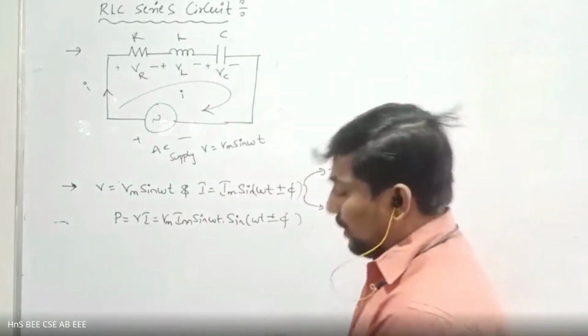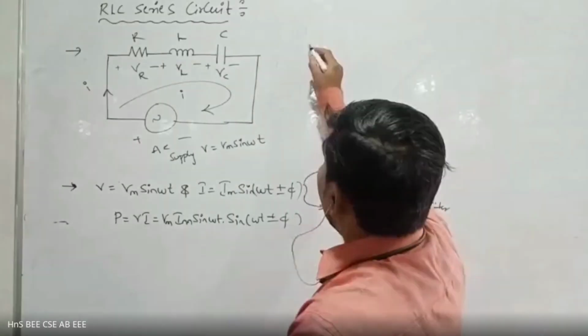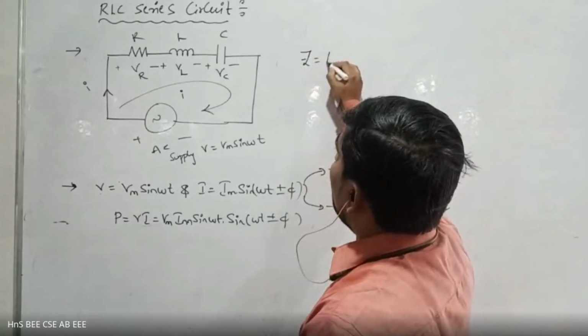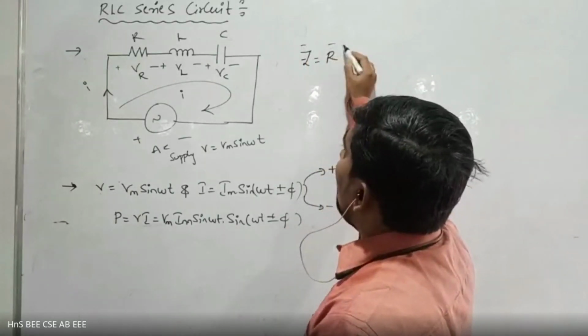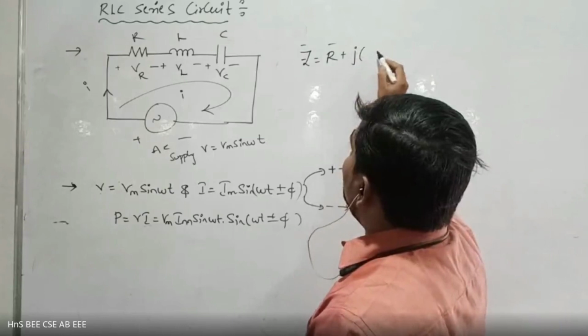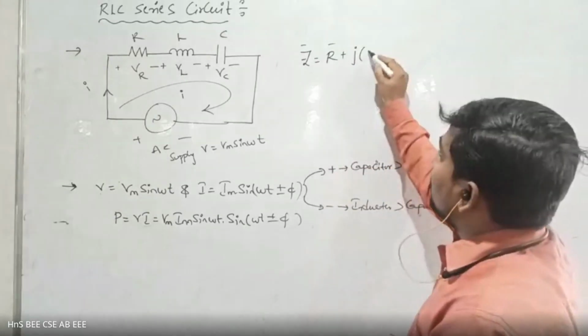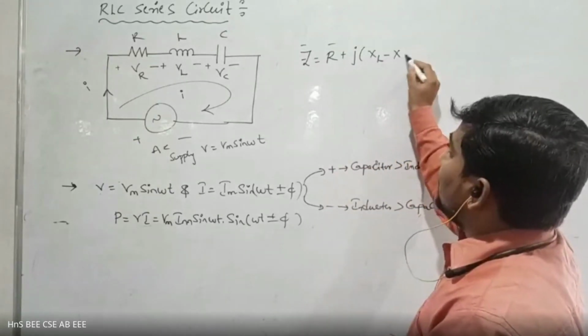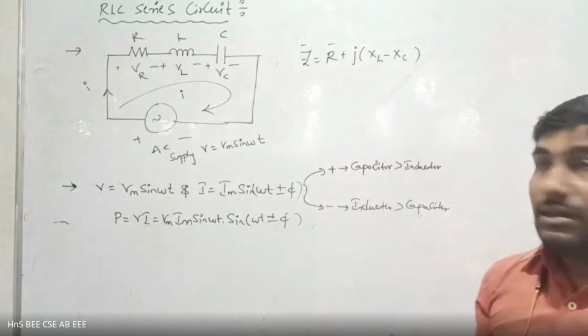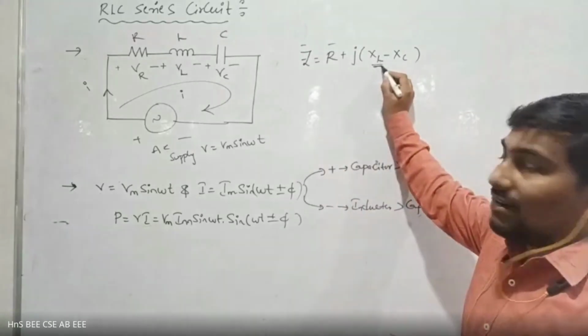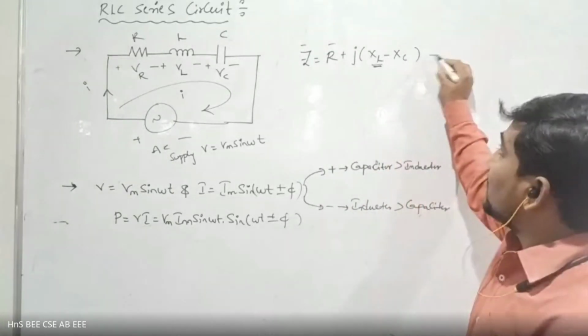For example, if you are writing the Z value, Z vector equal to R vector plus j into XL minus XC is the one case. If the XL value is higher, then it is the first case.